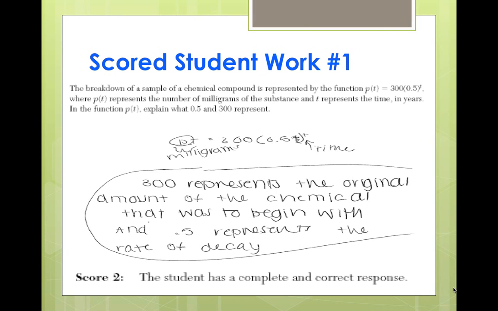This student scored 2 points out of 2. We can see it with the explanation, because that's what they are primarily asked for. The student's response was: 300 represents the original amount of the chemical that was there to begin with, and 0.5 represents the rate of decay.